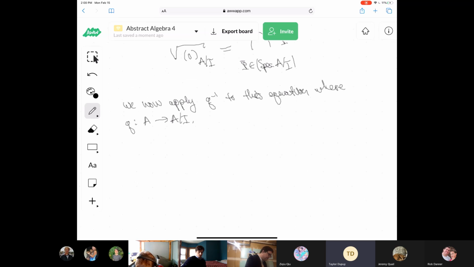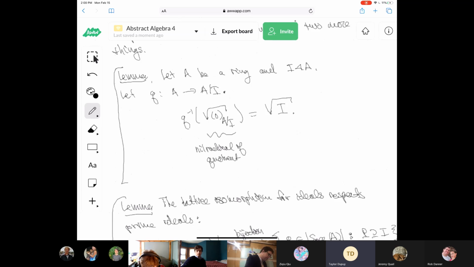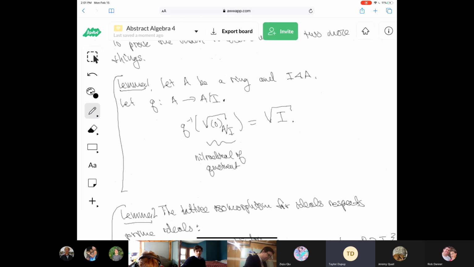Okay, so lemma 1 takes care of the left-hand side. This is lemma 1, this is lemma 2.